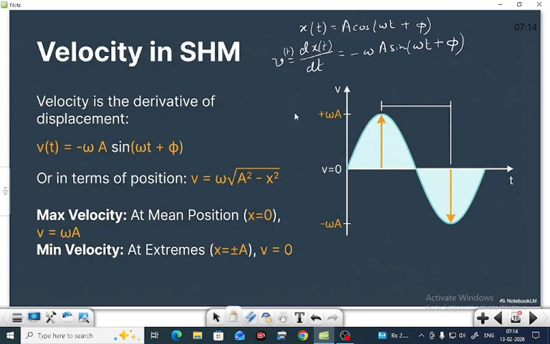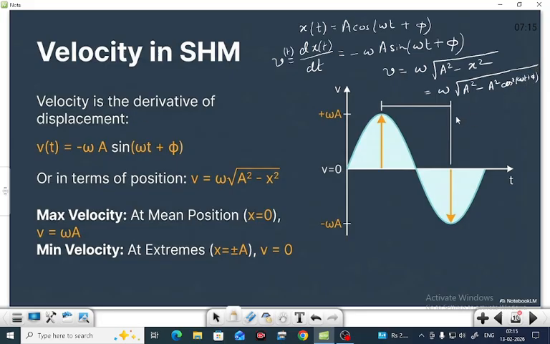In terms of position, it is equal to omega root over a square minus x square. Putting the value of x as a cos(omega t plus phi), a square minus x square means a square minus a square cos square(omega t plus phi).